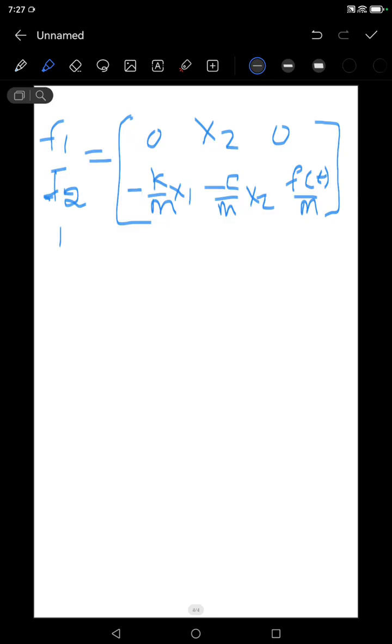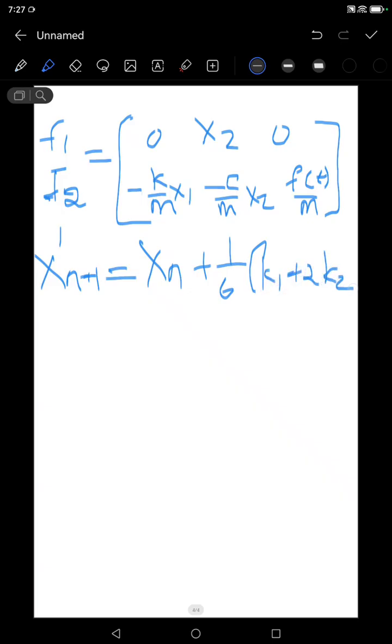So from here we have the formula x n plus 1 equals x n plus 1 over 6 times k1 plus 2 k2 plus 2 k3 plus k4. And now we're going to determine the values of k1, k2, k3 and k4.